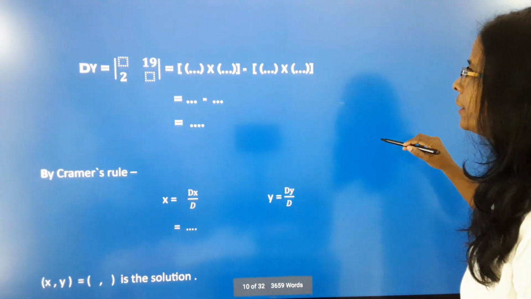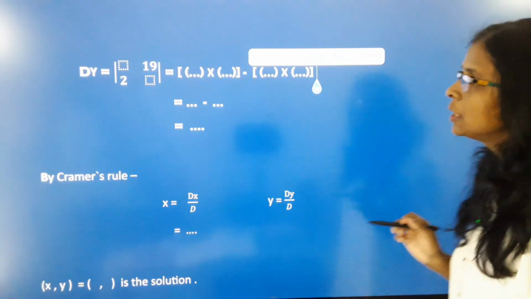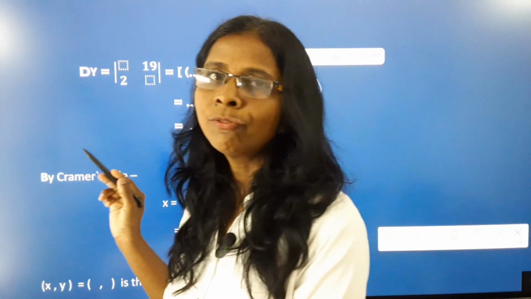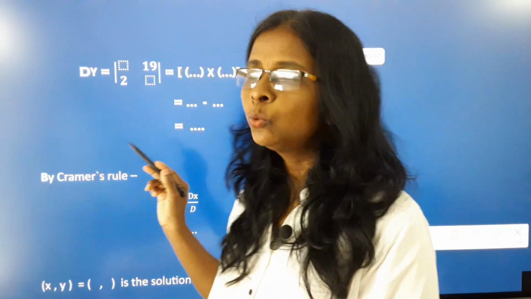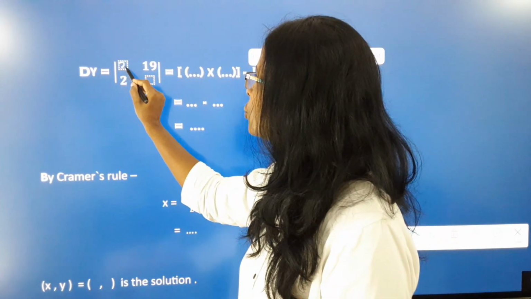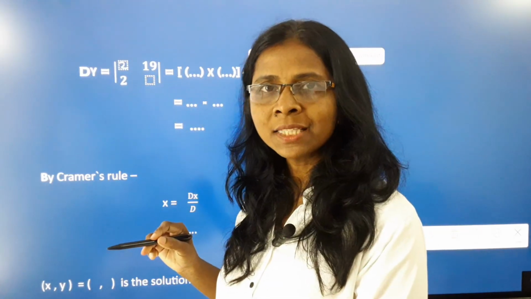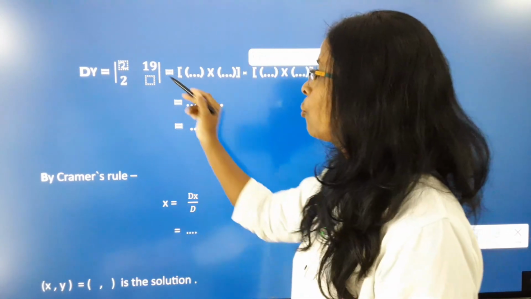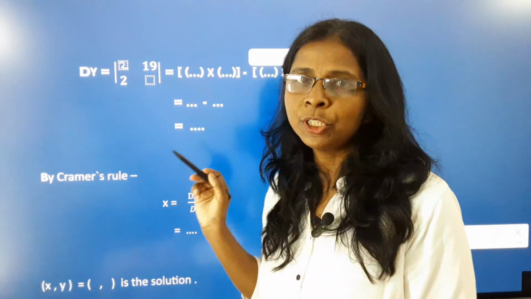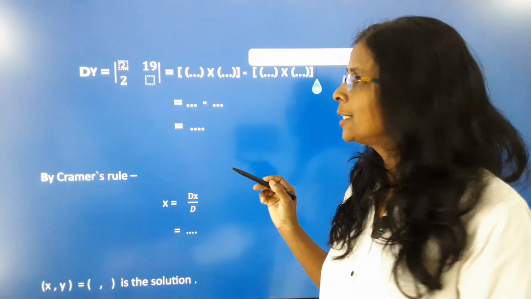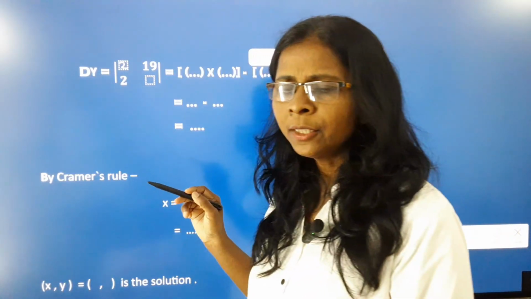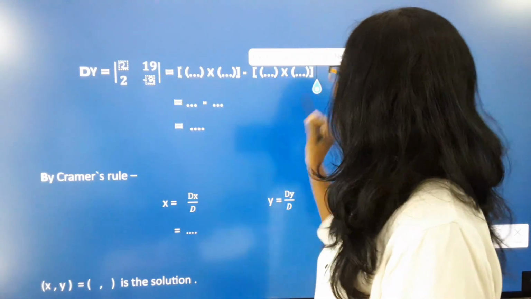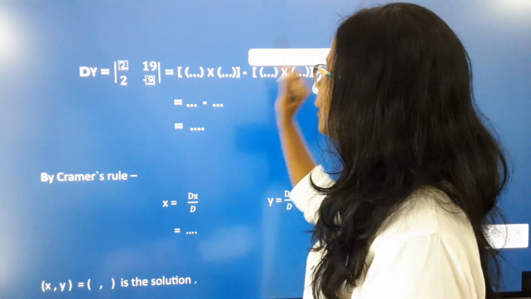D of y here. Students, see the coefficient of x is 2, 2. So in the first column write down the coefficient of x, that is 2, 2. Instead of the coefficient of y, write down the constant, that is 19 and minus 3.